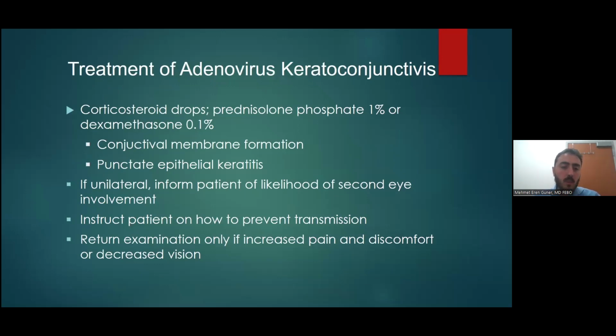So the most common conversation with me and the parents when I see this is about the likelihood of the second eye involvement, so they can be prepared for that, and also how to prevent the transmission. So I try not to see them again because it's highly contagious.